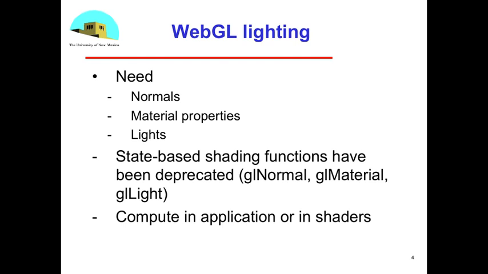Likewise with materials, you could define all of the material properties we've talked about for the red, green, and blue components, for ambient, specular, and diffuse components. Likewise for point sources, and there were a few things you could do with these deprecated functions. There were others that would let you define spotlights.